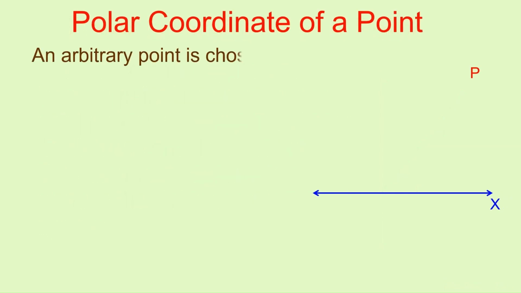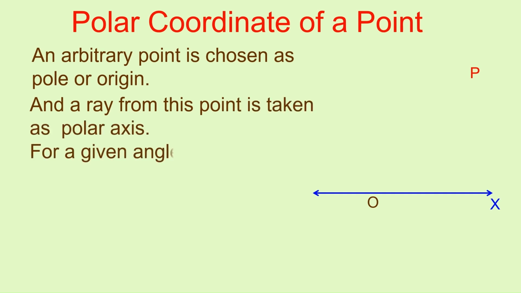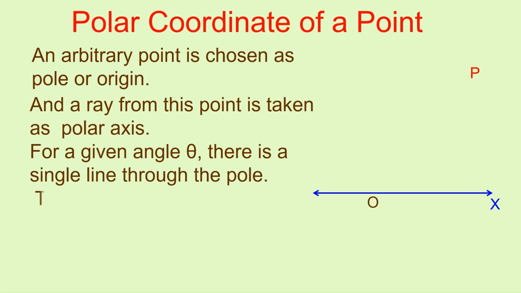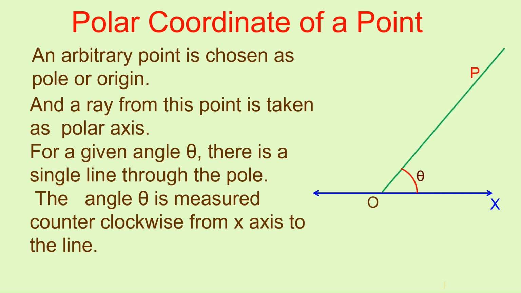An arbitrary point is chosen as pole or origin. A ray from this point is taken as polar axis. For a given angle theta, there is a single line through the pole. The angle theta is measured counterclockwise from x-axis to the line.